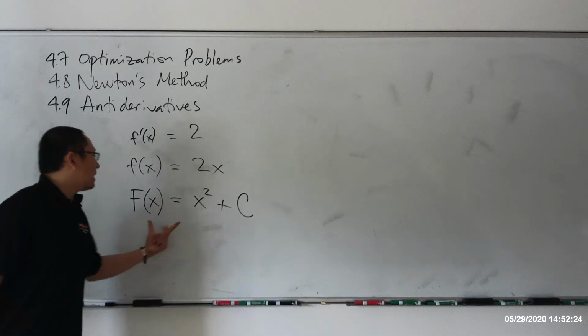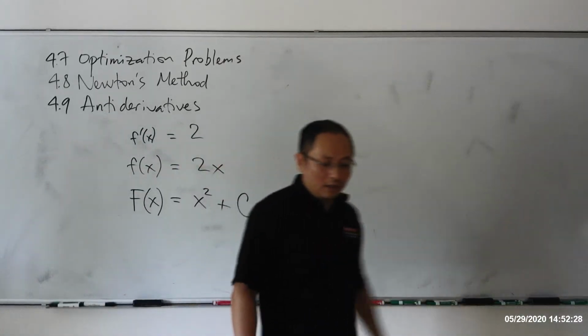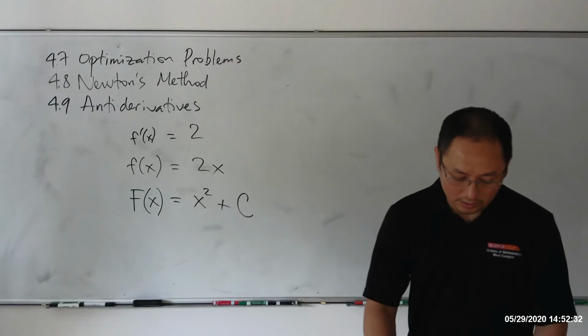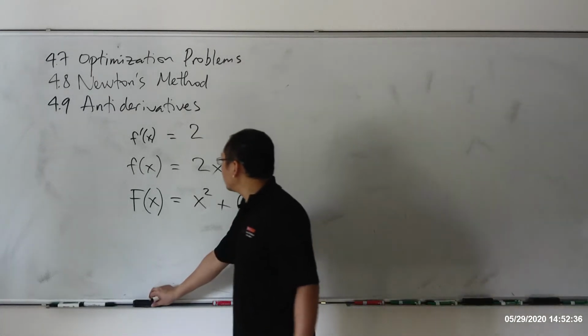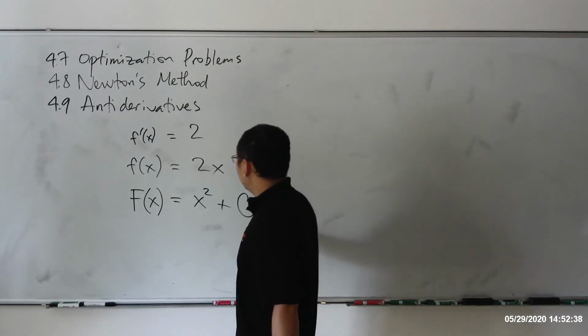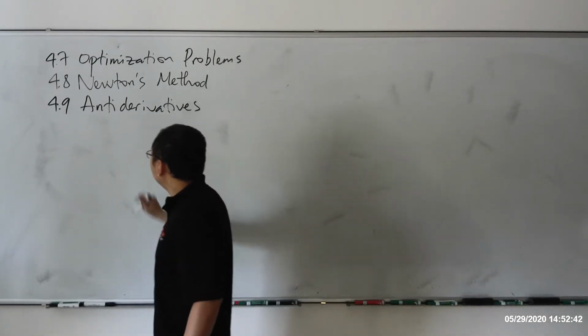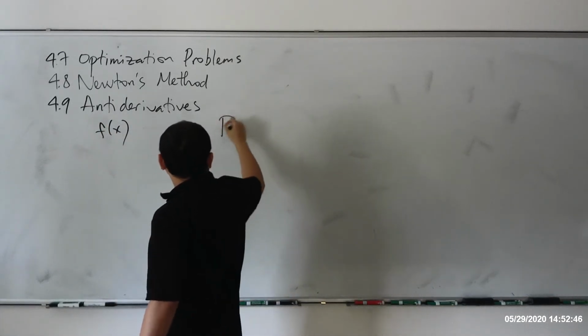Okay? So that is the whole idea of 4.9. You find the antiderivative of a function. So the step backward, that's what we learned before. Let me just give you some basic functions and antiderivatives, and we just practice to get through those. So f of x, and then big F of x.